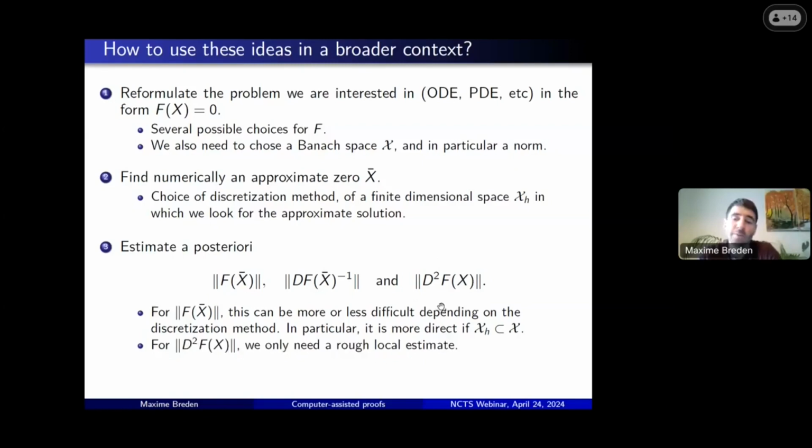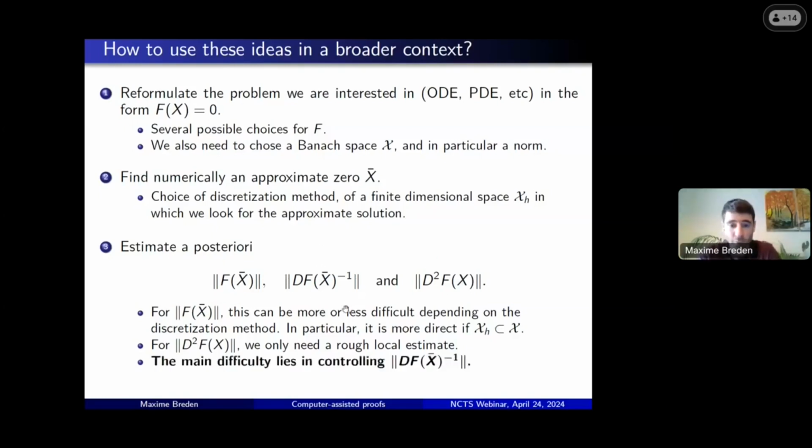The last one, well, this one is a bit more difficult if you want to get a very sharp estimate, but you don't really have to. This is only to say, close to x bar, how nonlinear the problem is. This was what was called L in the previous theorem. And you need to find an explicit L, but it doesn't have to be the sharpest possible. This is not so important. And in that sense, just getting an explicit estimate is usually not too bad.